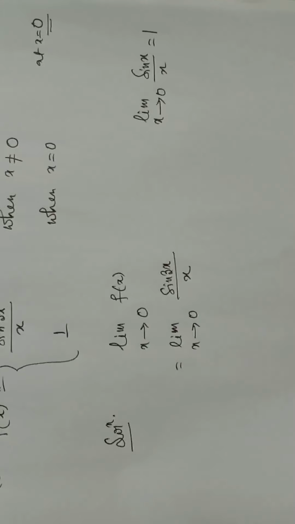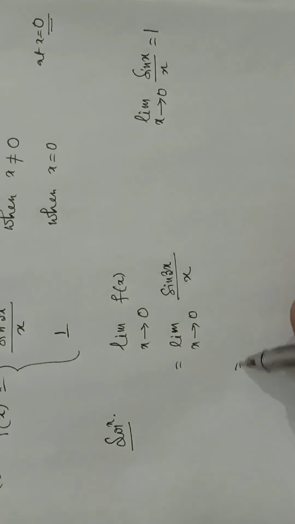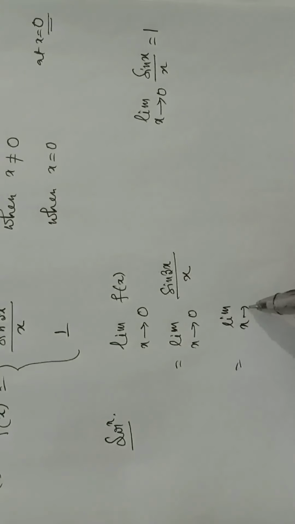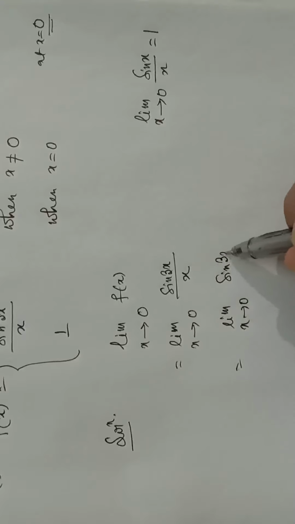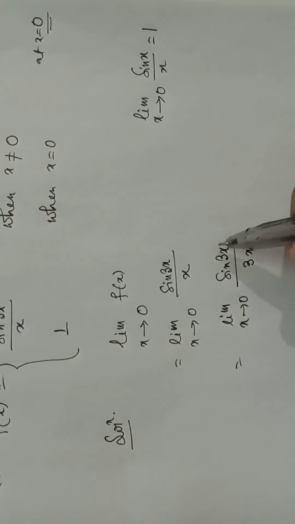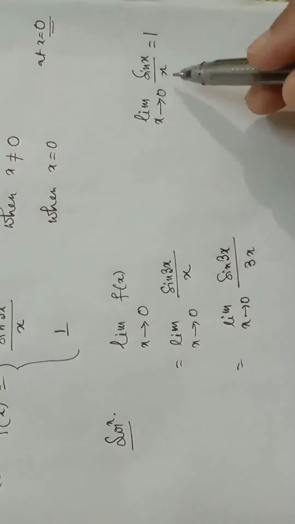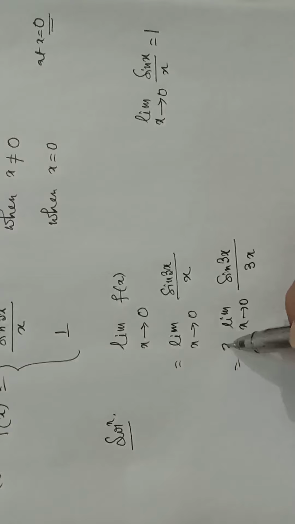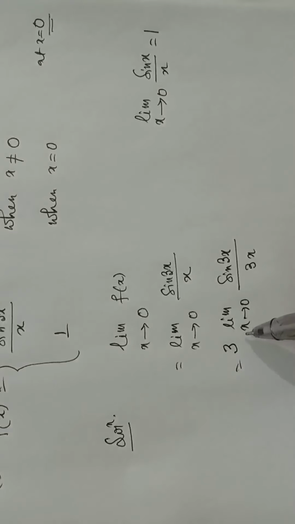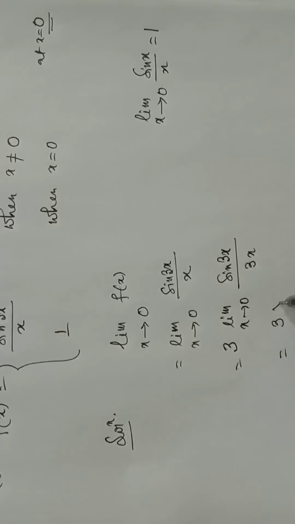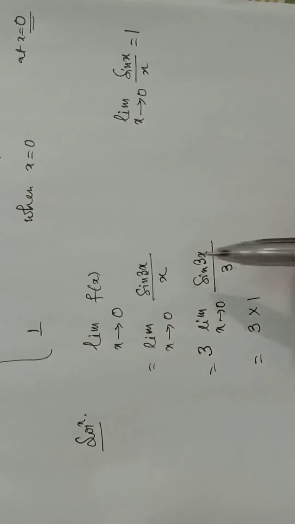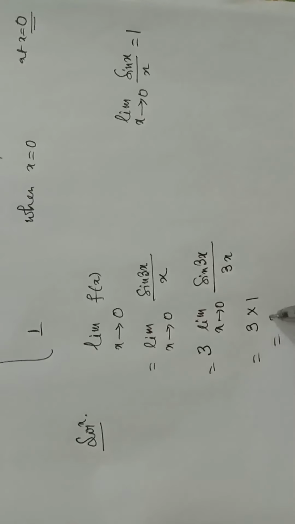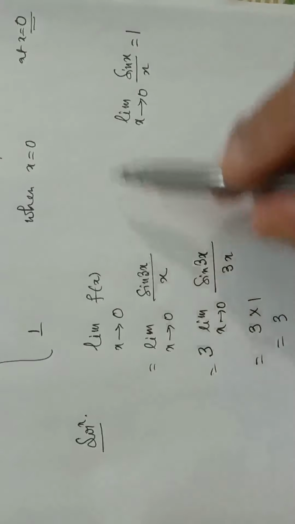So applying this, we write limit x tends to 0 of sine 3x by x as sine 3x by 3x, multiplied by 3 to adjust. X tends to 0 means 3x tends to 0, so sine 3x by 3x is 1, and the value is 3 into 1, which is equal to 3. This is our limiting value at x equal to 0.